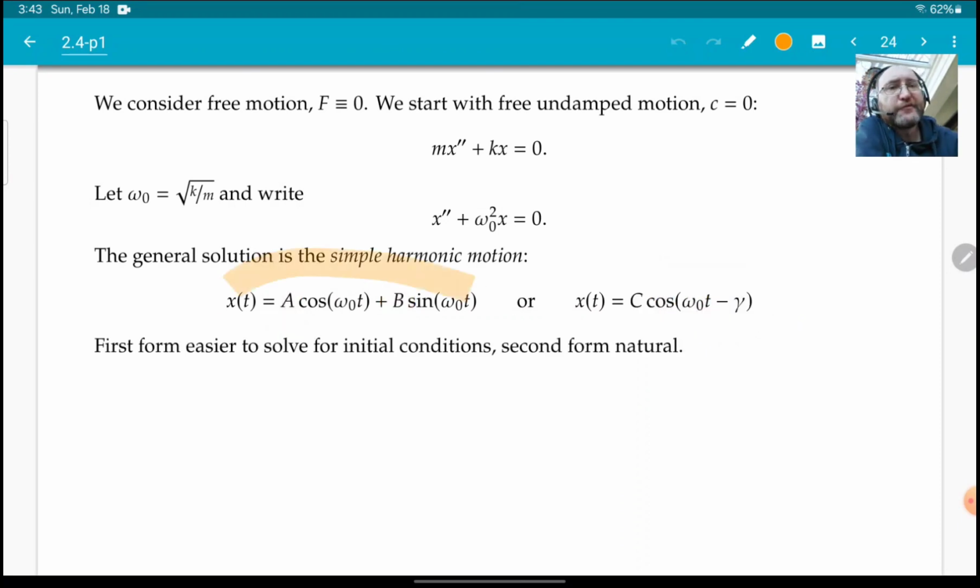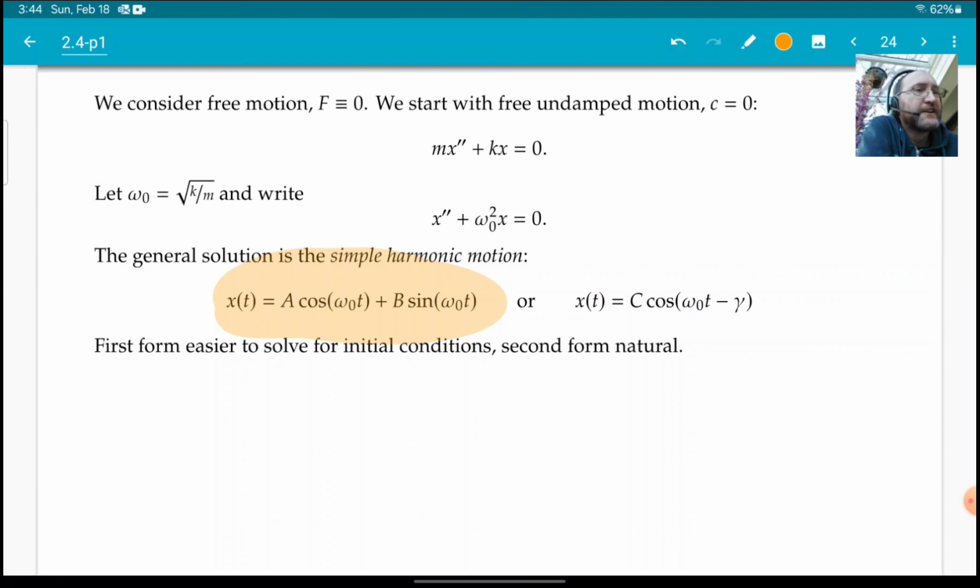Now this form is what you would normally get from what we were doing. That's how you would write down the solution, and it's very nice for solving for initial conditions. If I have initial conditions that I want to solve for, that's really easy in this form, because it's easy to plug in, especially if t is 0, the initial time.